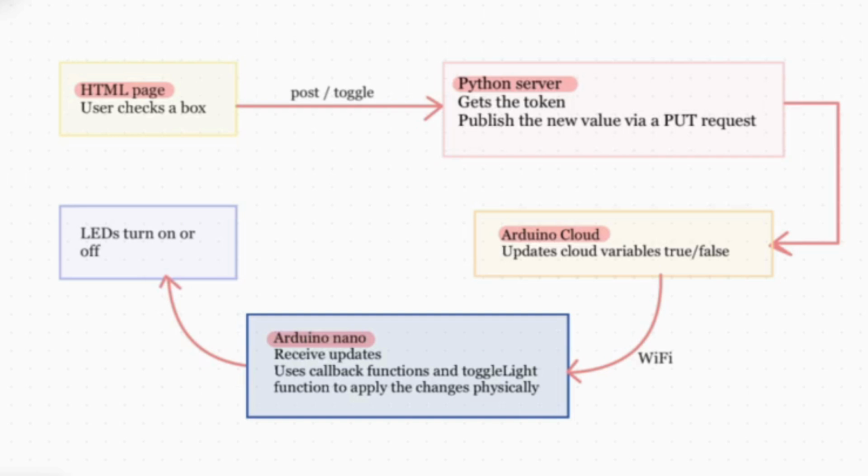For instance, for the living room it will be onLivingRoomChange, which calls the toggle light, and that runs digitalWrite to set the pin high or low. So if you want to turn the light off, the same thing will happen, and instead of true, the value for the variable will become false, so at the end it turns off.